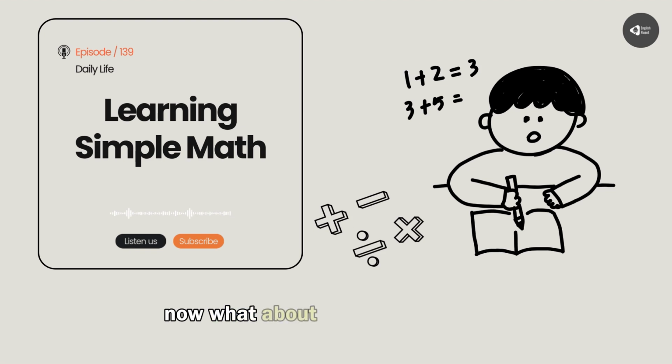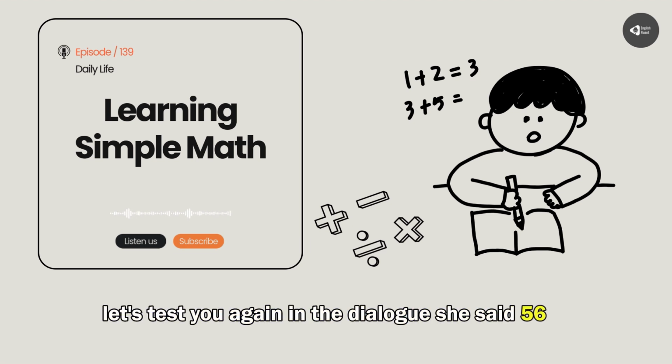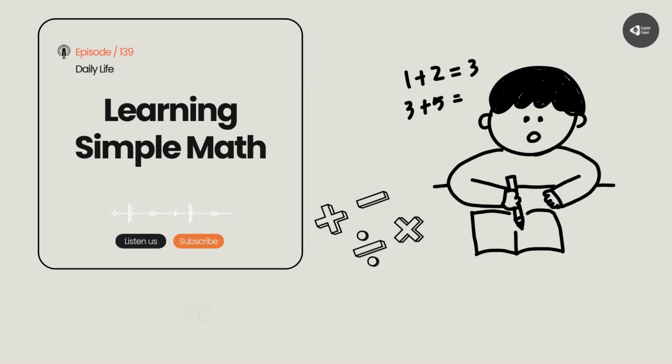Now, what about taking away numbers? Okay, so taking away or subtracting. All right, let's test you again. In the dialogue, she said 56 minus 60. 56 minus 60 equals negative 4. Okay, minus, so that's negative, right? Minus.